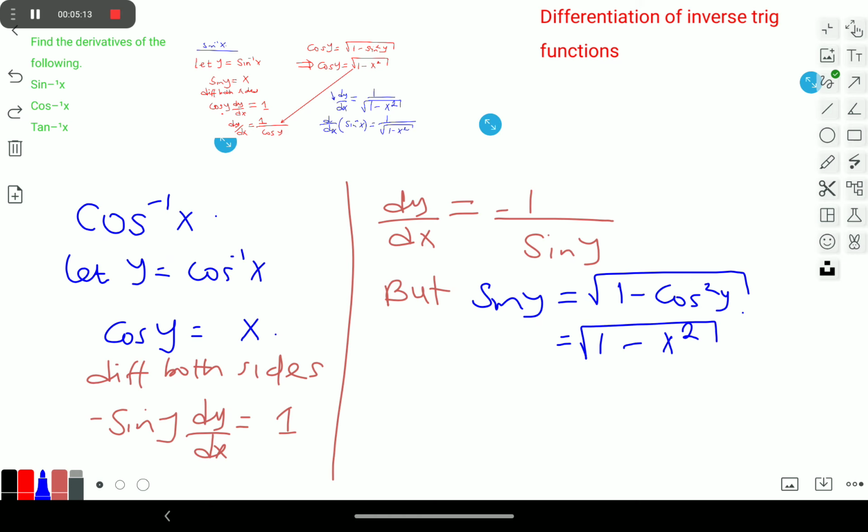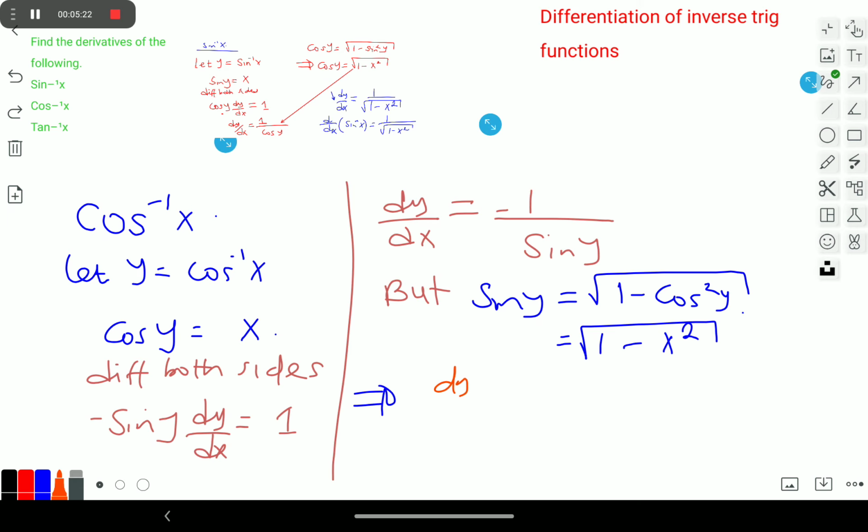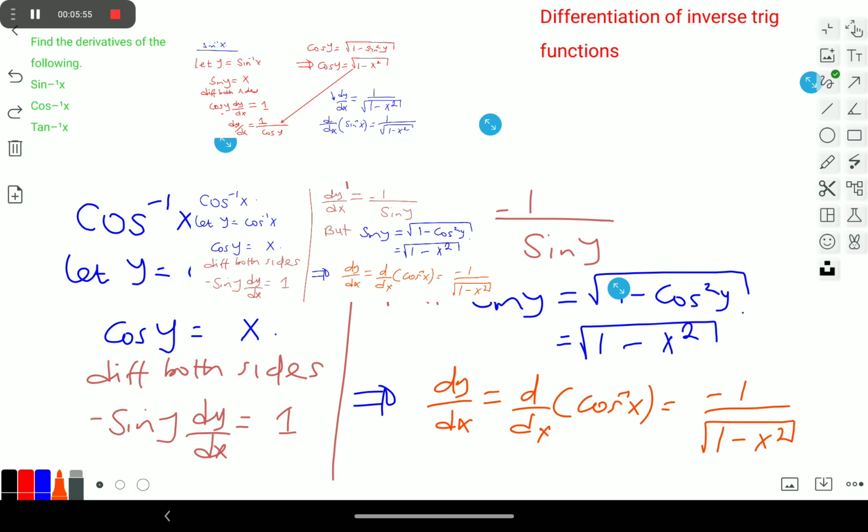So what will be our solution? dy/dx of the function cos inverse of x will be equal to minus 1 divided by the square root of 1 minus x squared. So that is it. I believe at this point even you can solve the third one. You can first take a while and solve it aside, then come check on the answer.